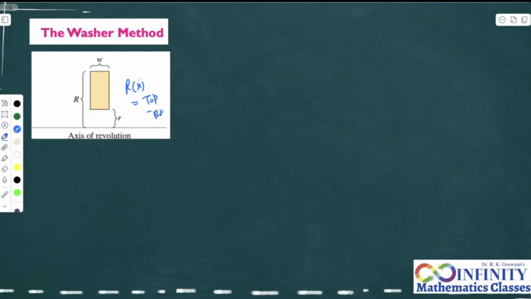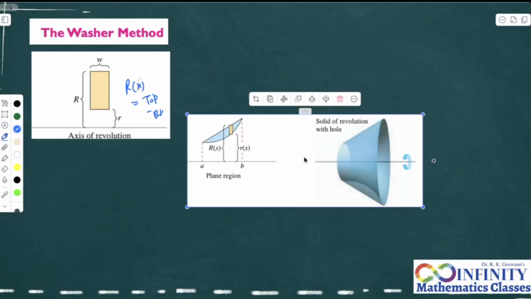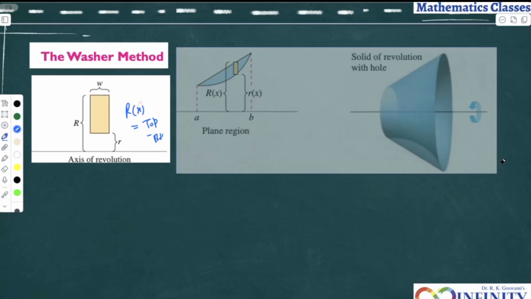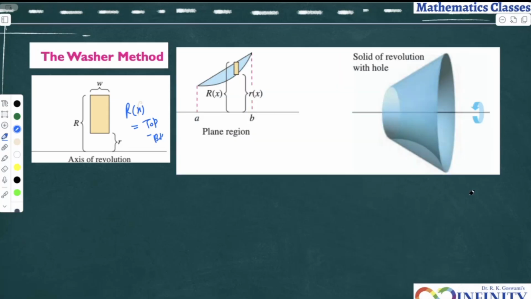Just try to first focus on these two images and try to understand what is the difference between the disk and the washer method. This is the curve given to you. You are going to rotate about the x-axis.